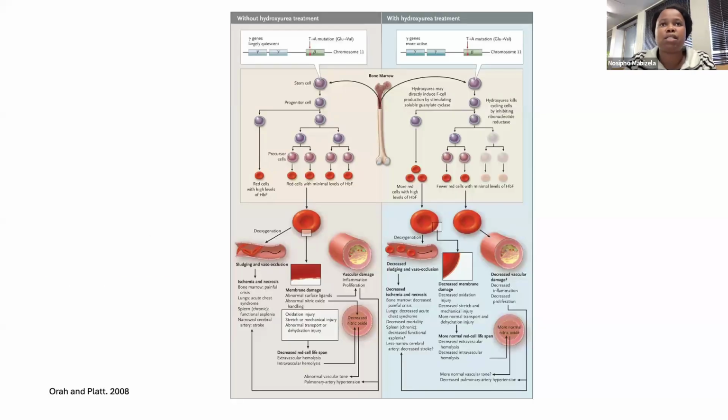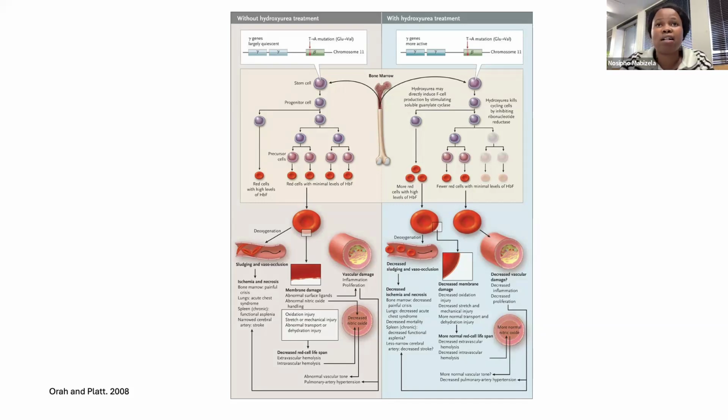The level of fetal hemoglobin is high while you're still a baby. As you grow older, after 5 years old, it drops. But when you have sickle cell disease, that's where you see more clinical phenotype or manifestation of the disease because of that level of fetal hemoglobin.